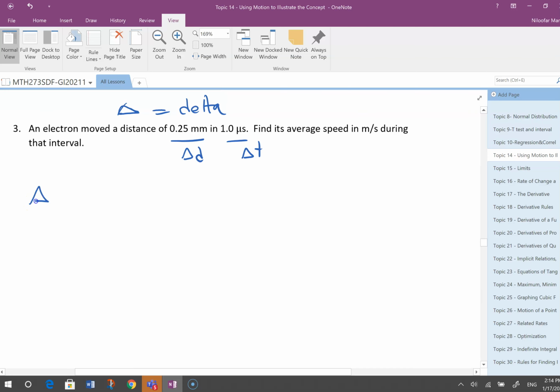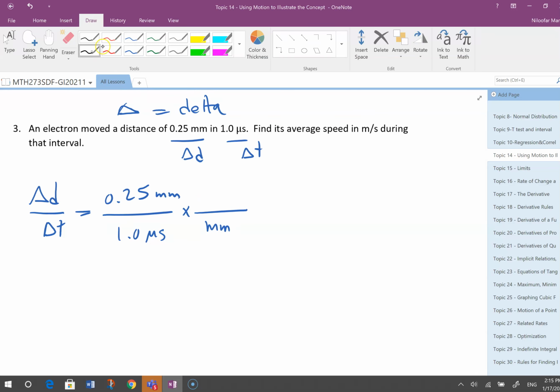Delta d over delta t is 0.25 millimeter over 1.0 microsecond. Multiply: I want to cancel millimeter and bring meter, so I write millimeter down, 10 to the power minus 3 meter up.